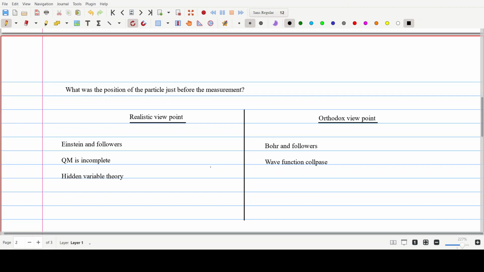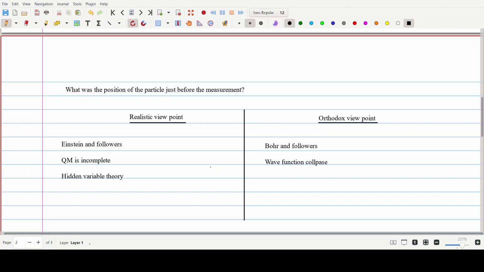The only problem is that the formulation of quantum mechanics that we have developed as of now is incomplete. That is why we could not predict its position as C just before the measurement. So Einstein and his followers introduced a new theory called hidden variable theory.